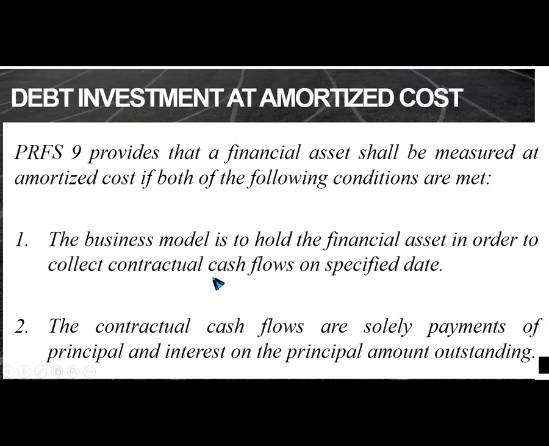So again, what is most important here is that the business model you used is to hold the financial asset with the intention of collecting the interest plus the principal related to that particular investment.